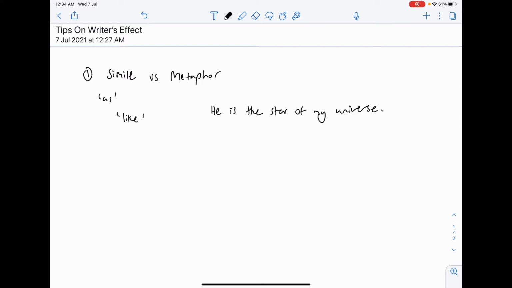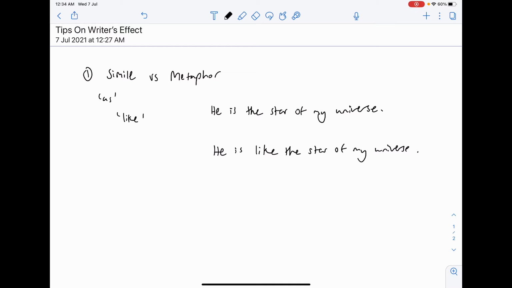Now, if I change this to a simile, so that would become, he is like the star of my universe. Now, very often, we will interpret these in the same way.